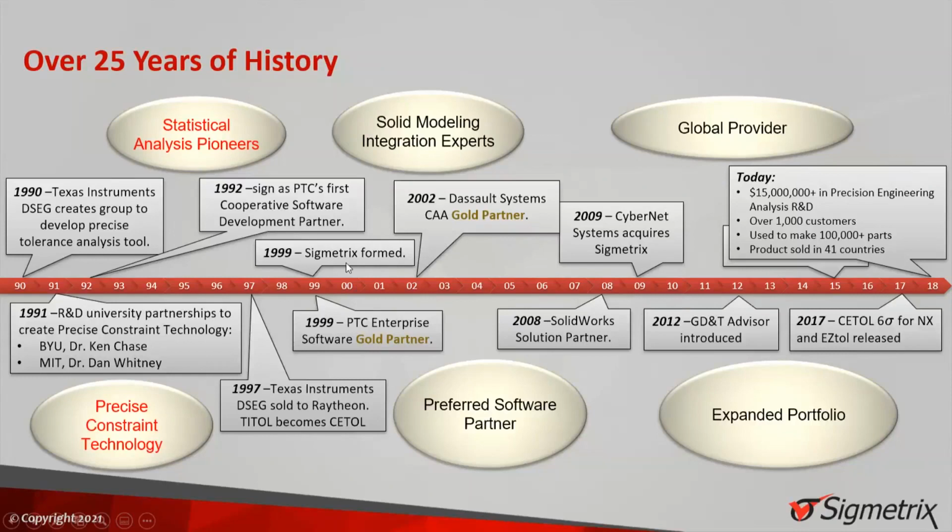Okay, so in 1999, Sigmatrix was formed in Texas, and in 2009 7-8 system acquired Sigmatrix. From 1999 until now, Sigmatrix has integrated 4 CAD systems.